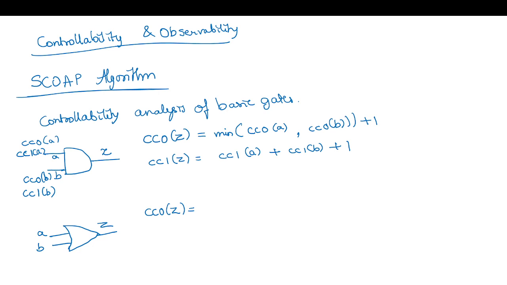What will be the combinational controllability for this C node at 0? For the AND gate, is it fine? Just two equations.